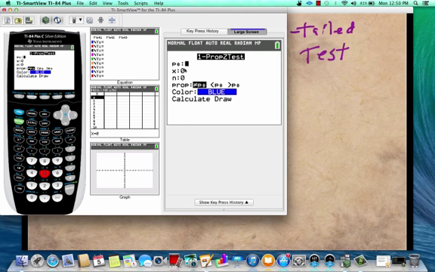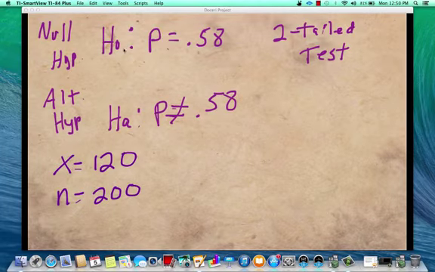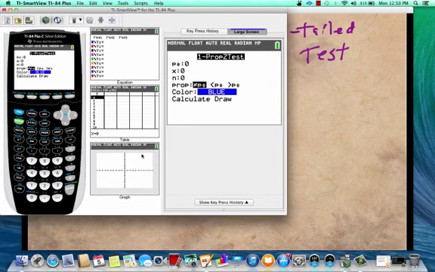P0, p naught, is the same thing as what we have right here, H naught, 0.58. So I'm going to punch that in. Then we'll scroll down.